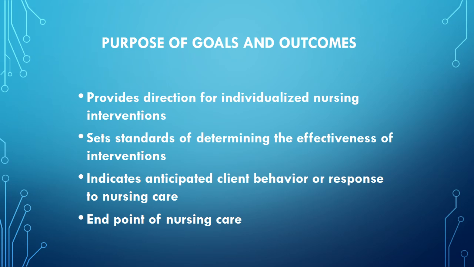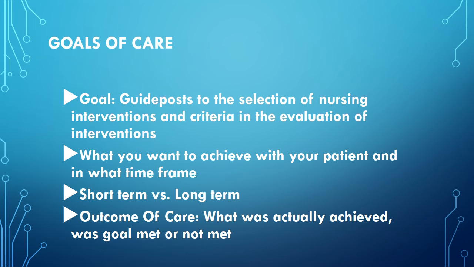They're kind of like a path. If I achieve this, this, and this, the likelihood is I am going to achieve my long-term goal. The outcome of care is what is actually achieved and whether the goal is met or not met.